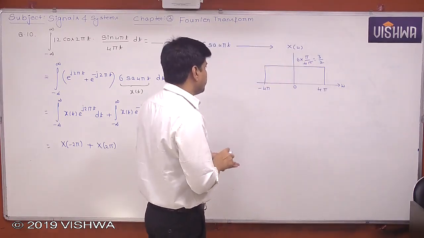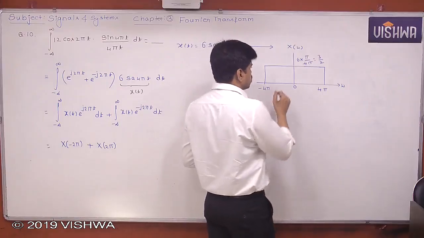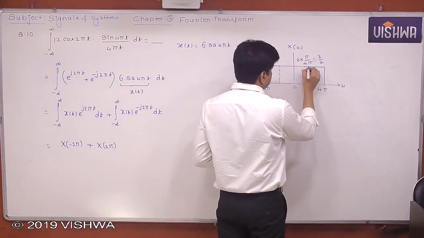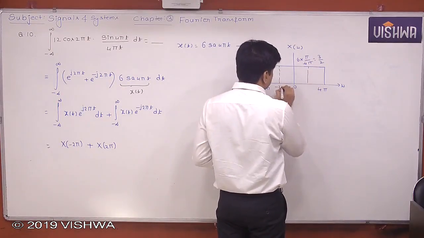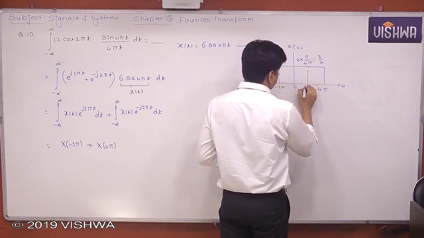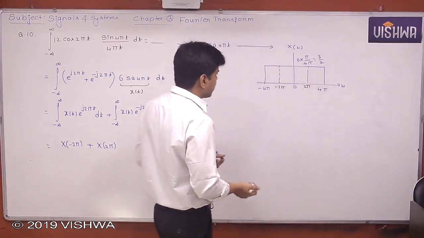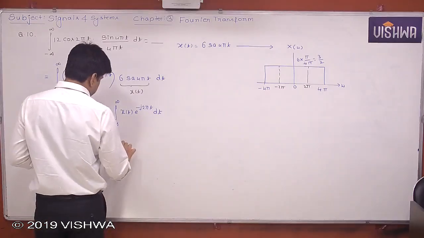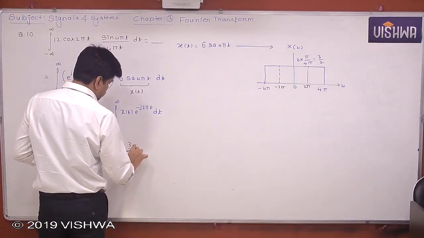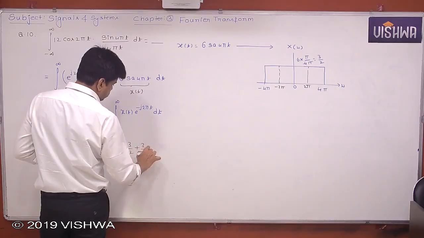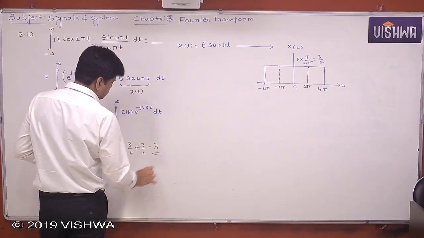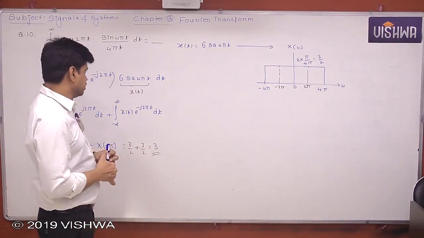Now I want the value at minus 2 pi and plus 2 pi. At both the values we have 3 by 2. So finally this is going to be 3 by 2 plus 3 by 2, which is nothing but 3. Clear?